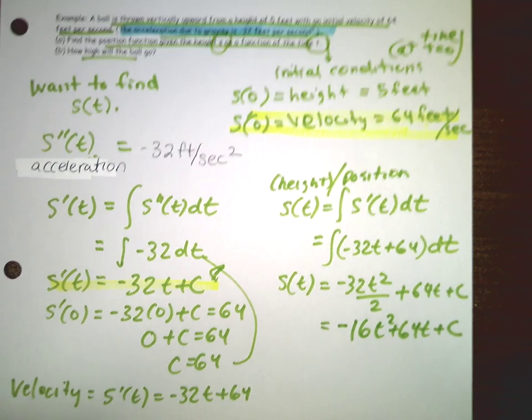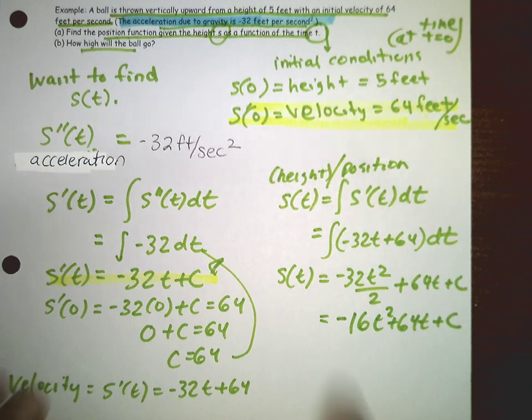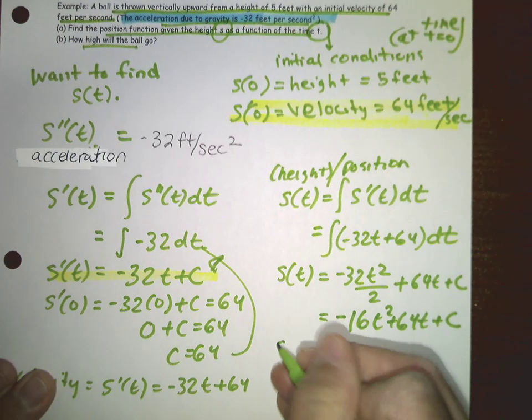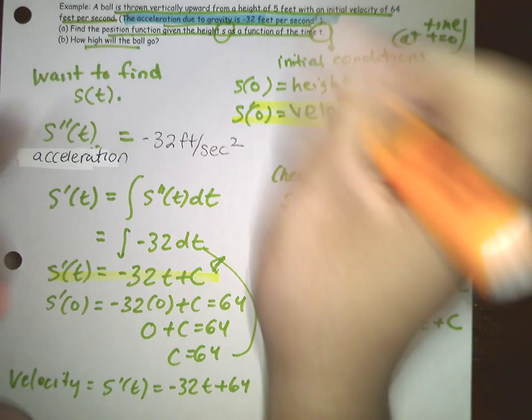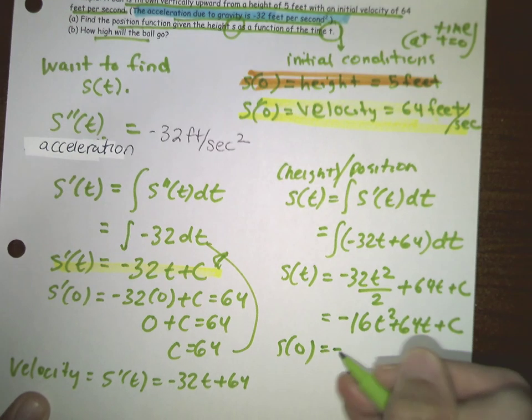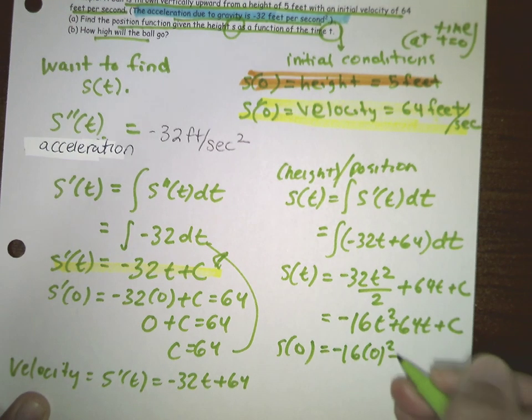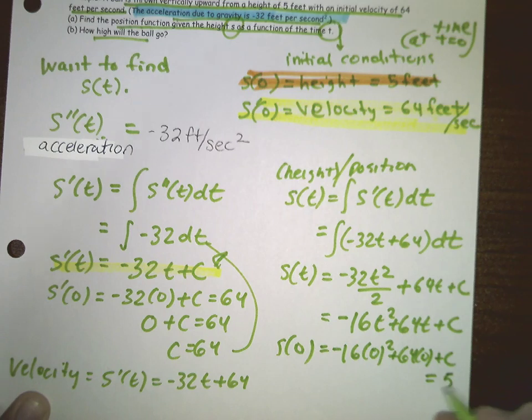And yes, acceleration will always be the second derivative, right? And so then the s of 0, the initial condition for the height right here, is that it was 5 feet. So s of 0 is negative 16 times 0 squared plus 64 times 0 plus c is equal to 5.